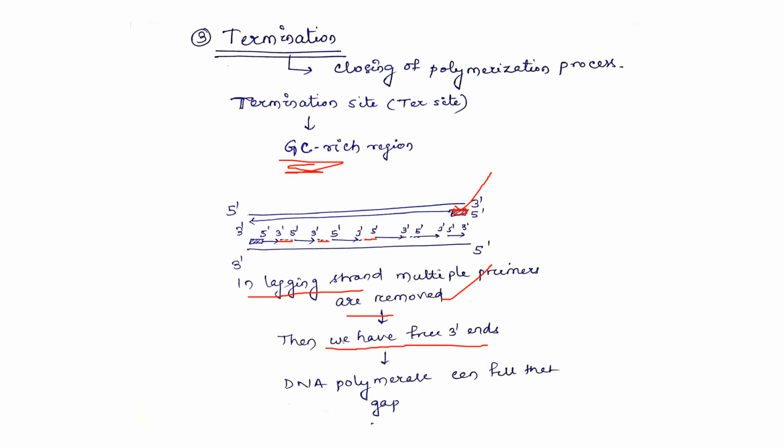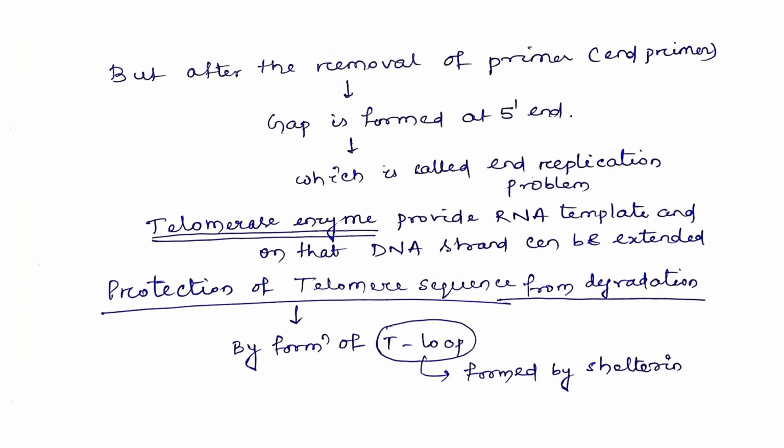But the end will remain as this. This part will remain as it is. Then this. So after the removal of primers, at the end, a gap is formed at the 5' end, which is called the end replication problem.